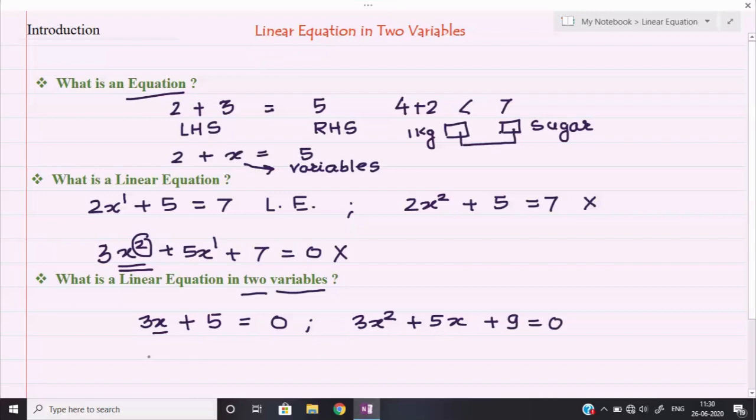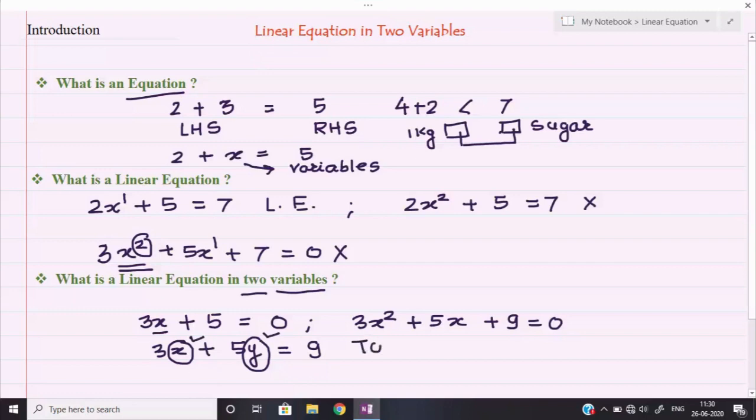So suppose I say I have an equation 3x plus 5y is equal to 9. Now tell me how many kinds of variable you are observing. Here x is the first kind of variable and y is the second kind of variable. Okay, so we can say that this equation contains two different variables.